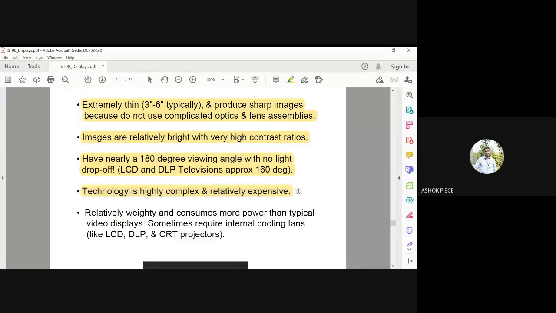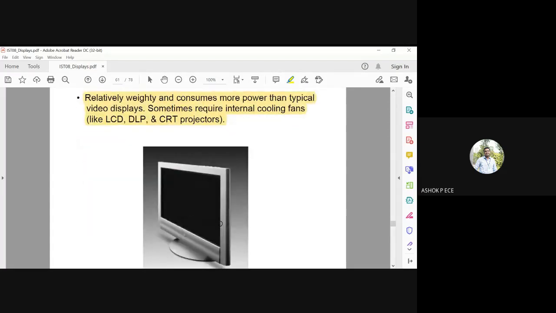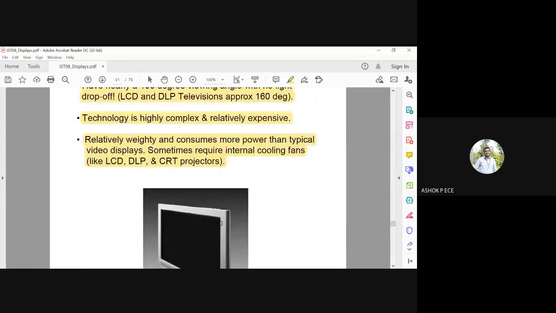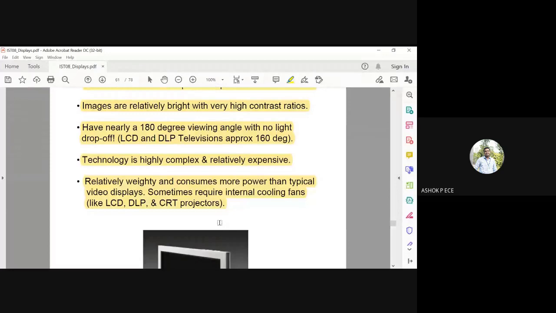Technology is highly complex and very expensive. Relatively, it is going to be heavy in weight and consumes more power than typical things like LCD, DLP, and CRT. Sometimes it requires internal cooling fans also. Because producing color light is not that easy, conventional projectors, after you work with them for a longer amount of time, become too hot.